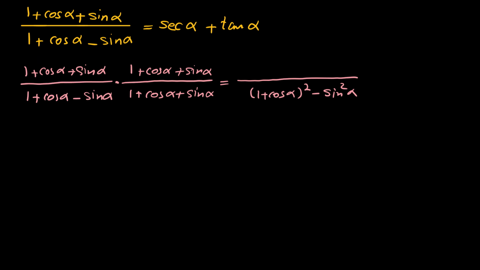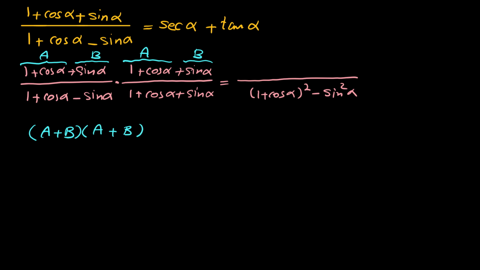The better way that you can multiply the numerator is to suppose this as a and this as b. Again, this is a and this is b. So we have a plus b in the first numerator times another a plus b in the second numerator.